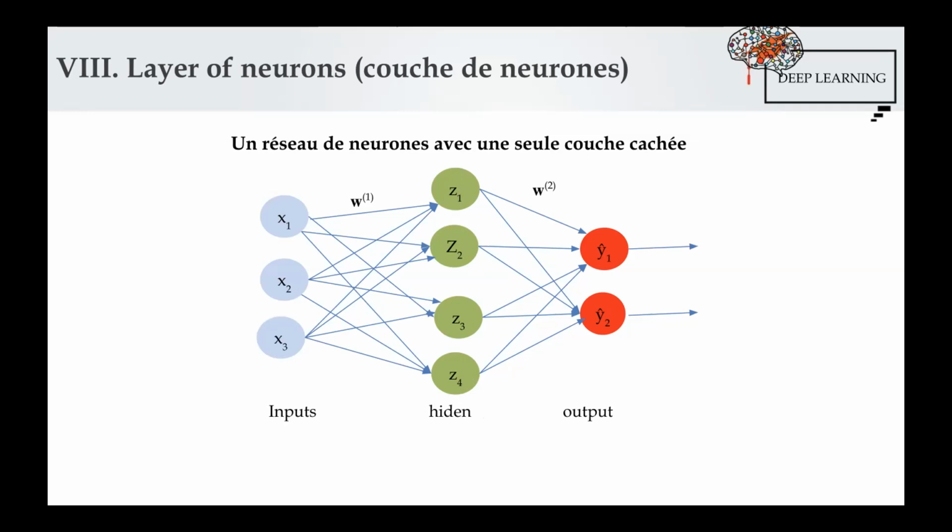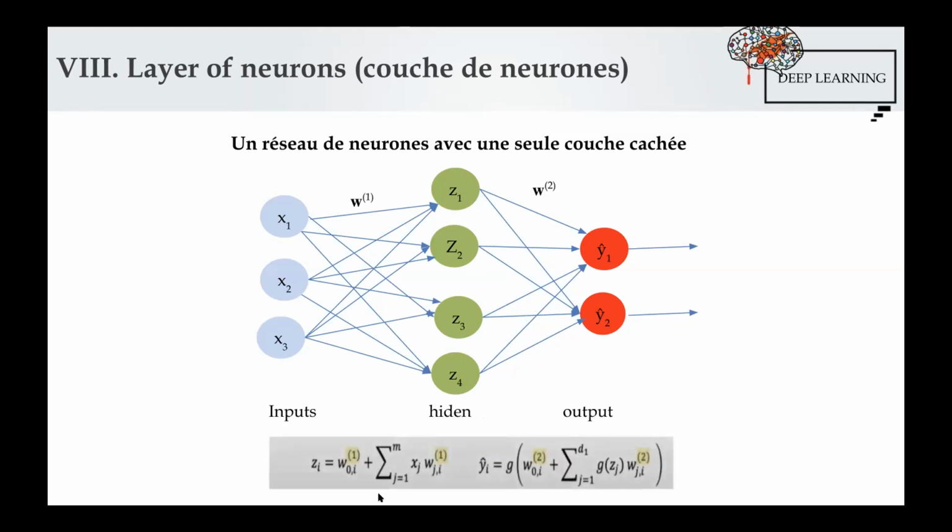C'est ce qu'on appelle la propagation en avant, le forward en anglais. On va prendre les poids et faire le calcul : on calcule Z1, Z2, Z3, Z4 pour avoir une valeur, qu'on passe à la fonction d'activation pour avoir une valeur de sortie pour chaque neurone de la couche.